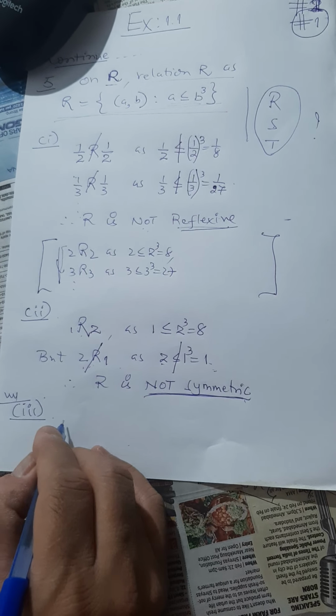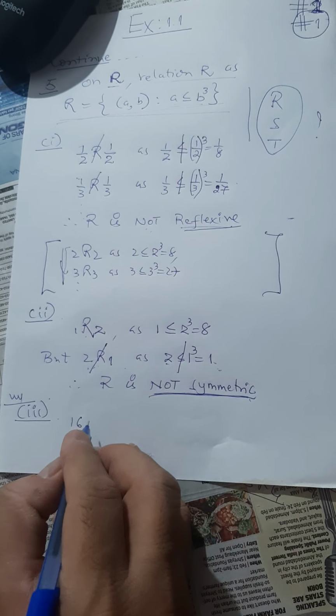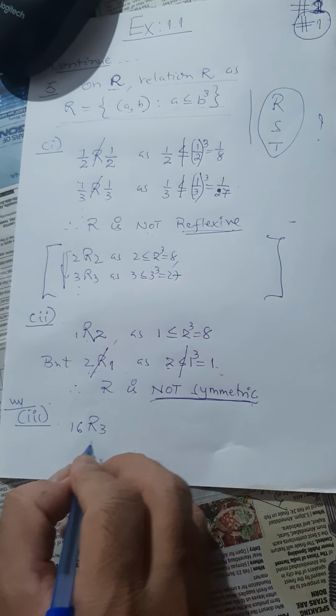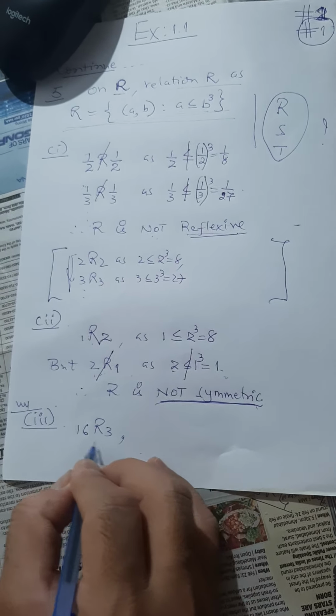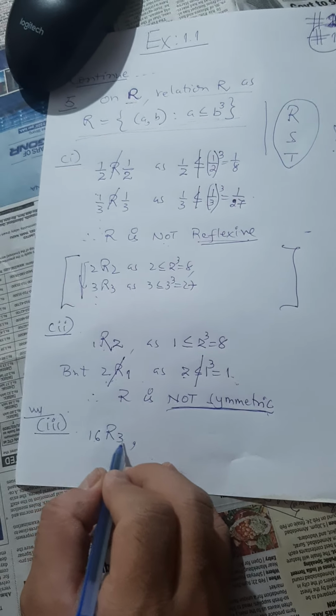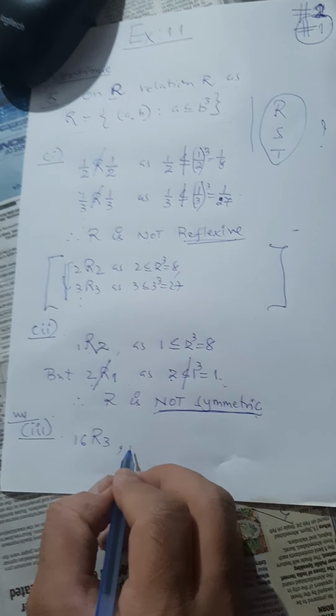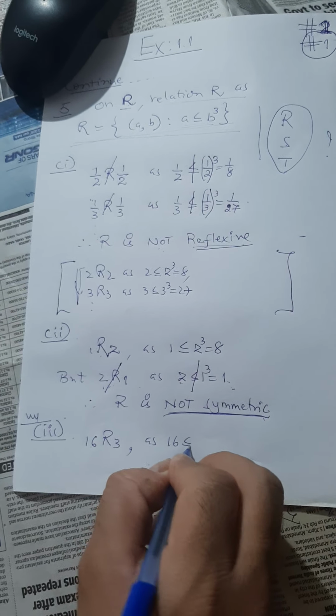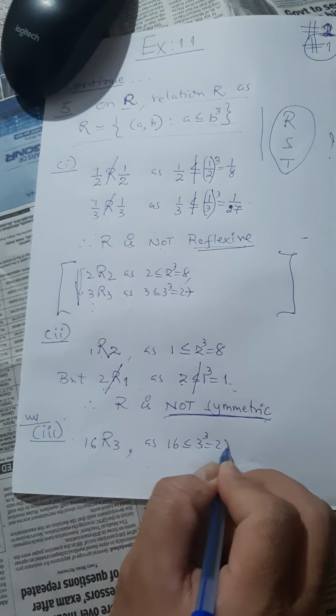If I take 16 and 3, 16 is related to 3. Why? Because 16 is less than or equal to 3 cube, which is 27.